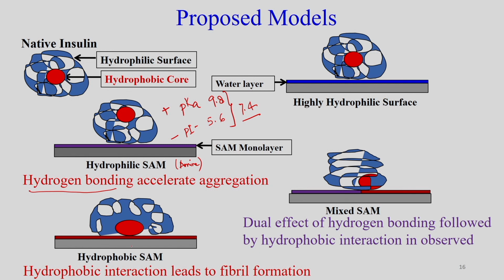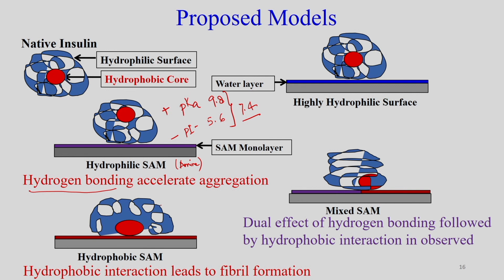Now, let us consider the hydrophobic surface. In that case what happens? The hydrophobic interaction will play the lead role here. For that, first the protein has to reorient, or you can say unfold, in such a way that the hydrophobic group comes closer to the hydrophobic surface for hydrophobic interaction.